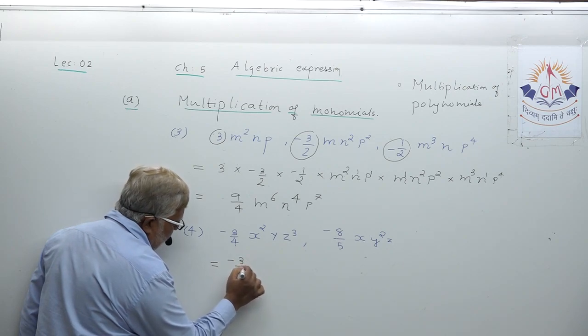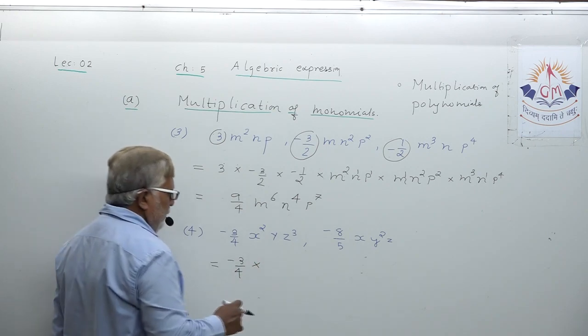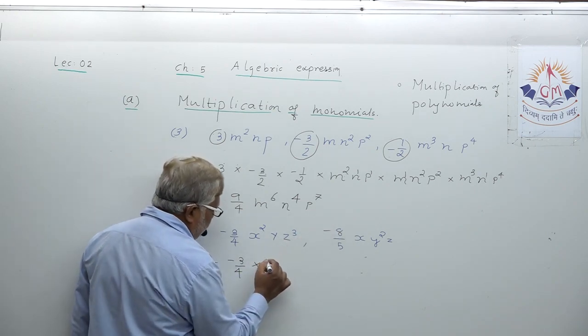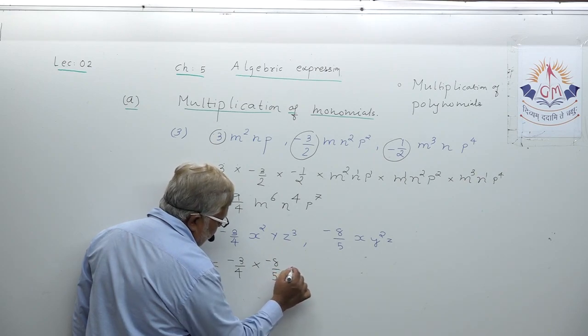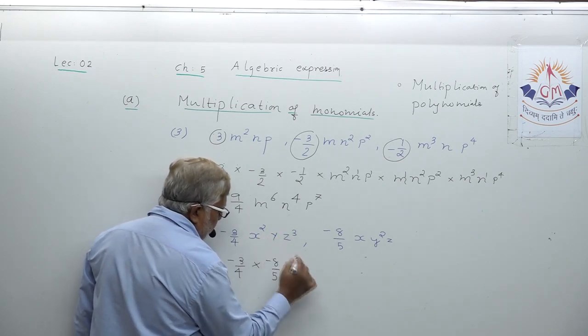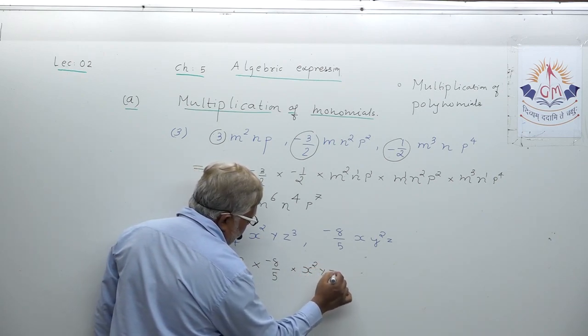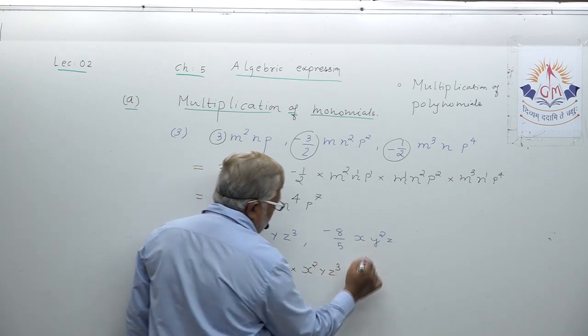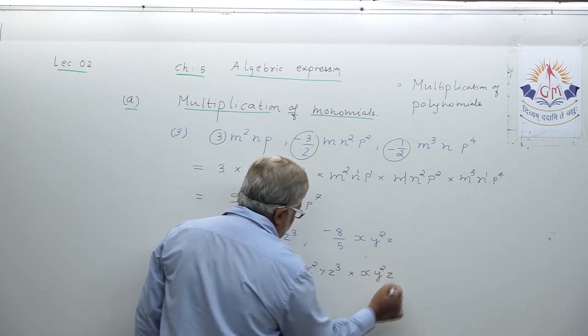I will write minus 3 upon 4. Then I will write the second fractional number, minus 8 upon 5. The rest of the variables as it is. Here x, y squared z.